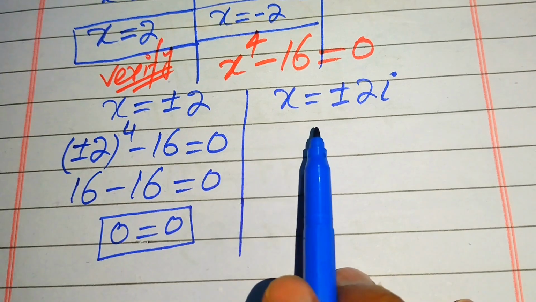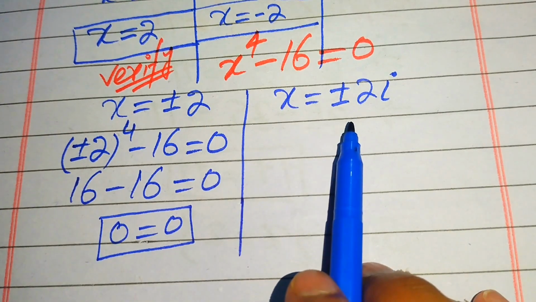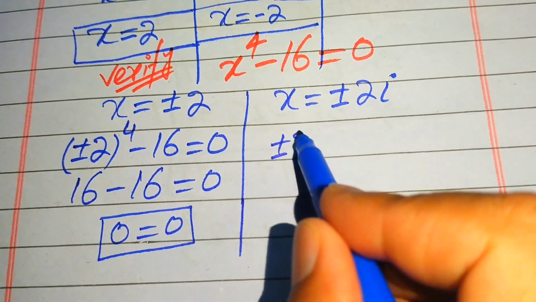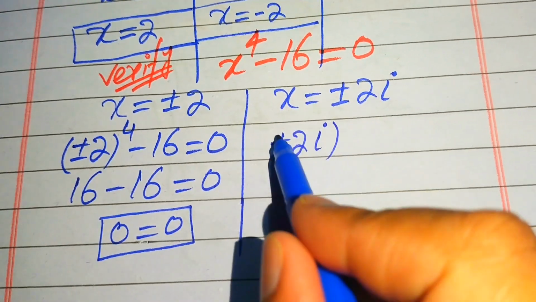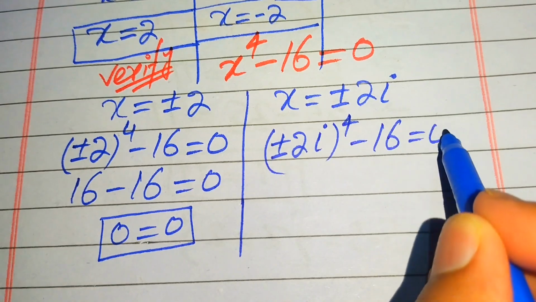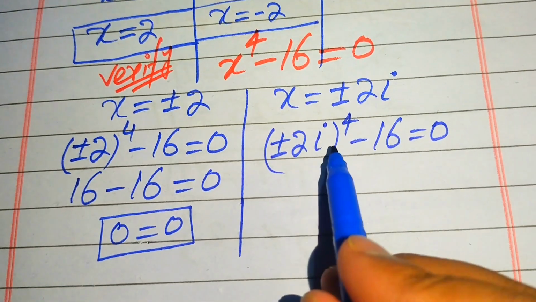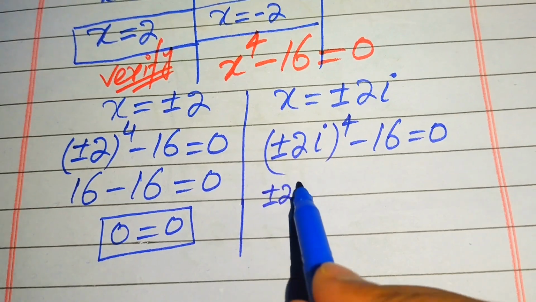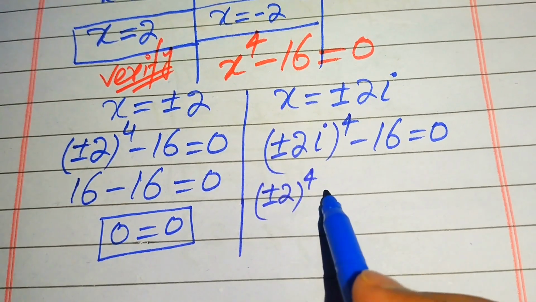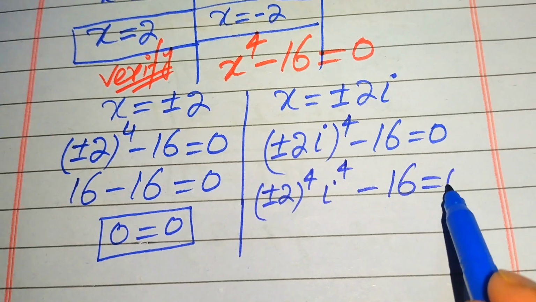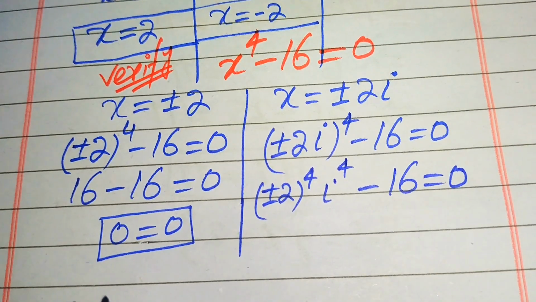And now in the same pattern, we verify x is equal to plus minus 2 iota. So we substitute it into the left hand side, and it will be written as (plus minus 2 iota) whole power 4 minus 16 is equal to 0. So here we again break the exponent 4, and it will be written as (plus minus 2) to the power of 4 into iota to the power of 4 minus 16 is equal to 0.